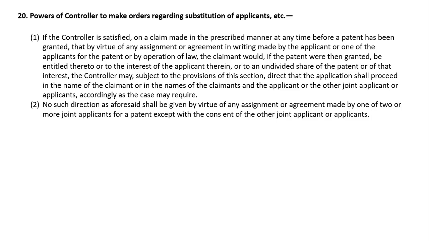So no such direction as aforesaid shall be given by virtue of any assignment or agreement made by one of two or more joint applicants for a patent, except with the consent of the other joint applicant or applicants. Without the consent of all the applicants, you cannot add any name. Otherwise, a dispute will be created.